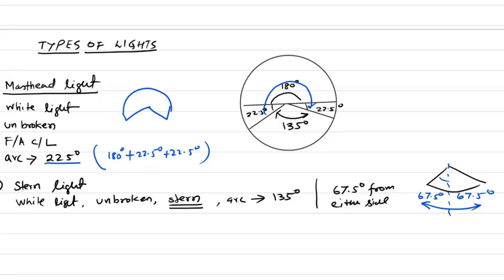All right. And then we have, what else? Which light will be remaining? Side lights, right? Yes, sir. So, side light, I think number 3, let's do the side lights.